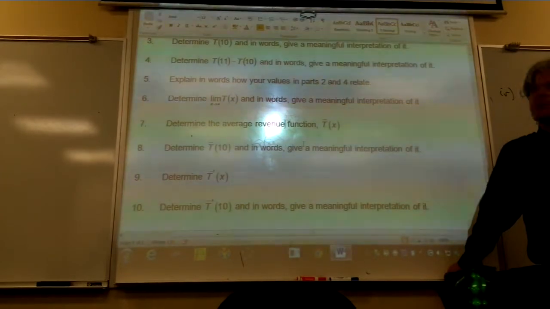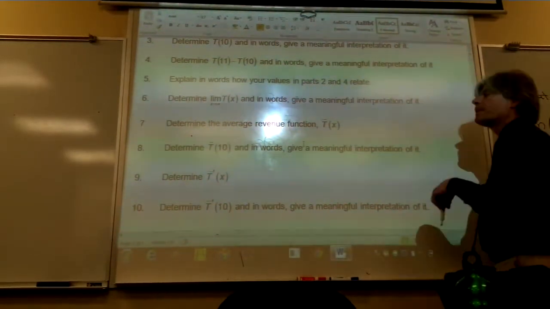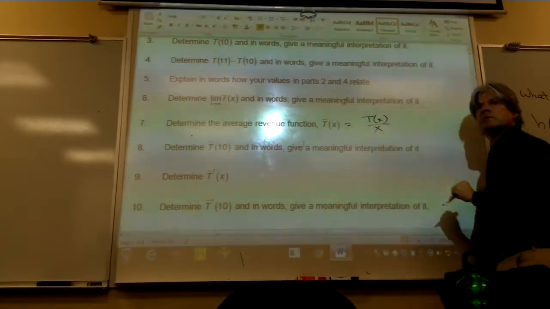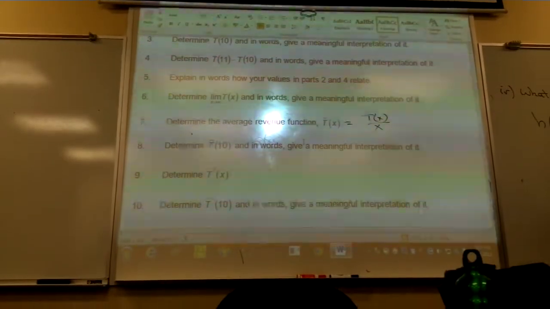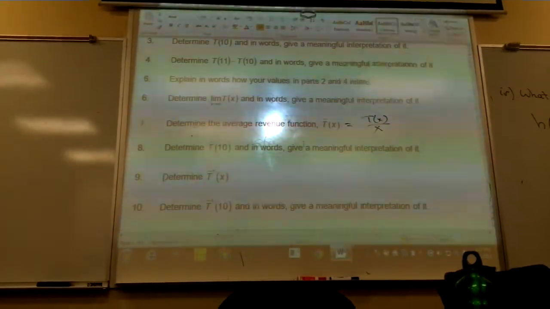Oh, just find total revenue divided by time. Divided by years. Oh, how about this? I think my T bar of X is simply going to be T of X divided by X, because I'm taking the total earnings divided by whatever that quantity X represents. In this case, that represents time. Do you guys agree?